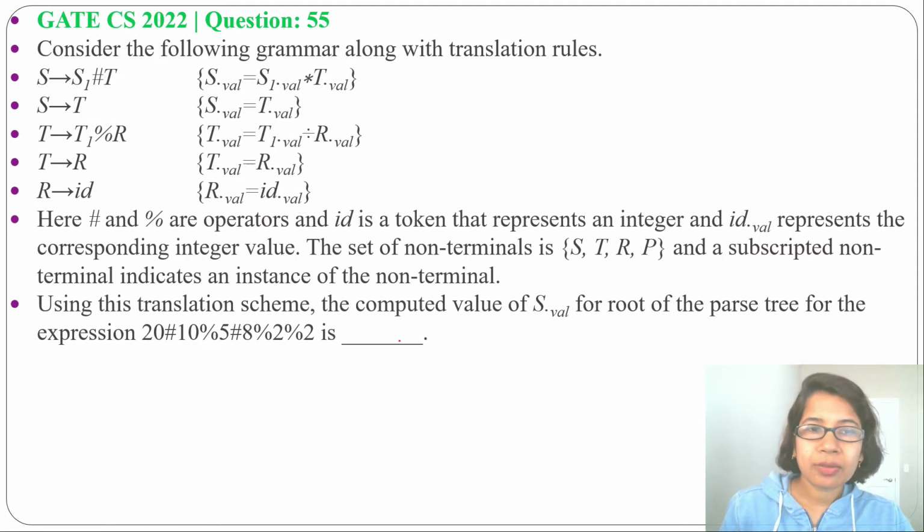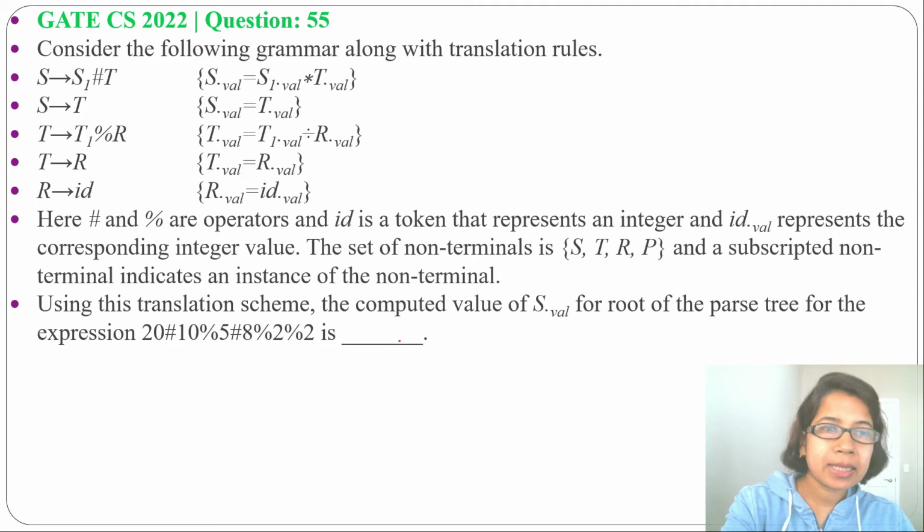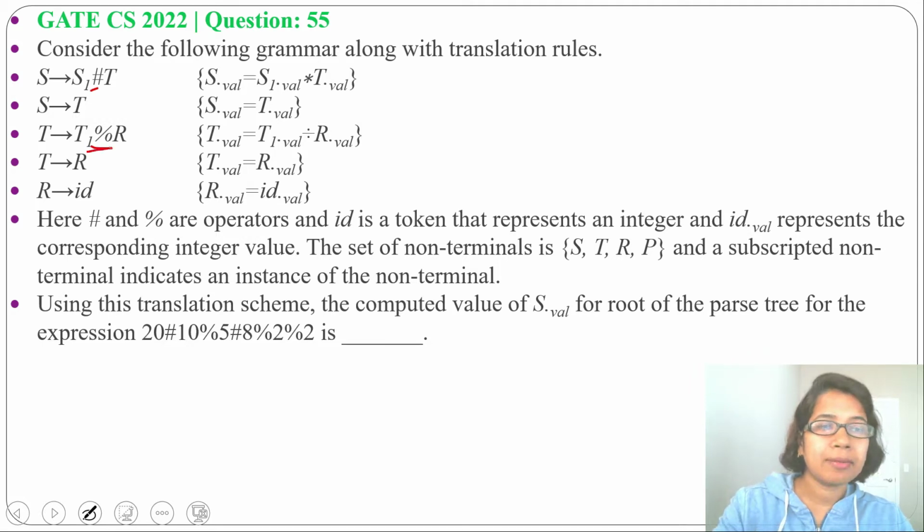You can solve this question in different ways. Let me first solve in the easiest way, then I will solve according to the parse tree. So first identify the operator precedence and associativity. Left recursive means this operator is left associative. Here T derives T1 % R. This is also left recursive, meaning this percent is left associative.